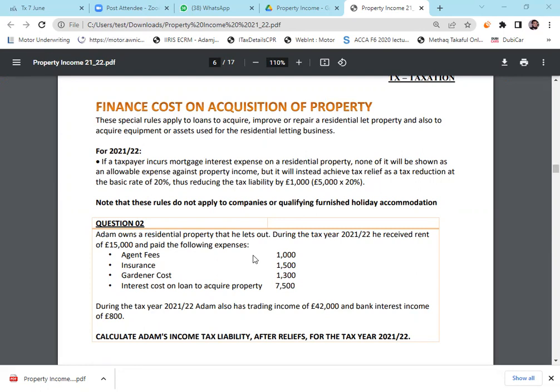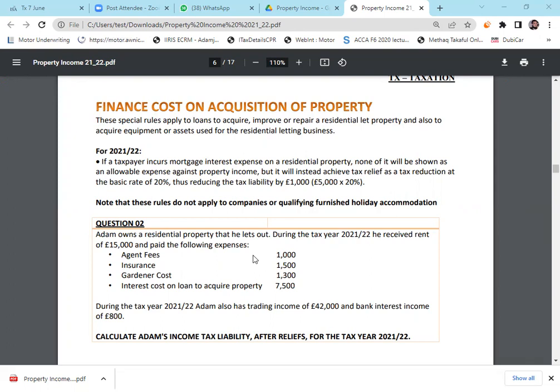So the bank is going to charge you interest or no? Yes, the bank will charge interest. Normally it's a revenue expense and accounting is allowing it. But in tax, this interest is specifically not allowed.